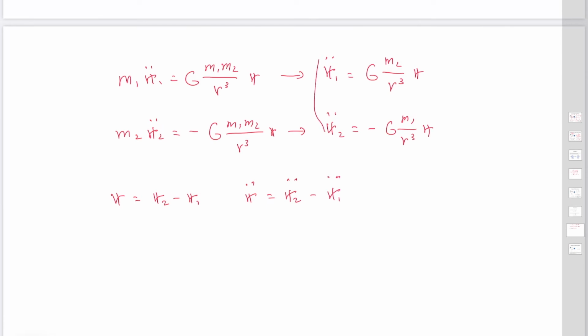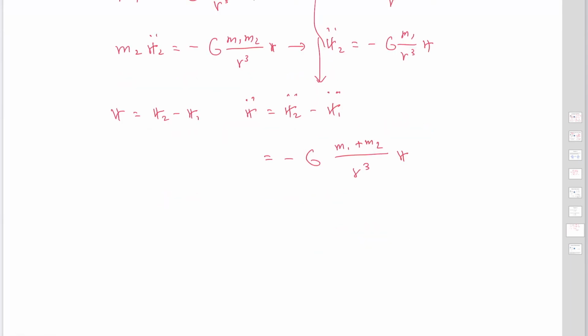Then you can substitute this here, and it becomes minus G m sub 1 plus m sub 2 over r cubed times the vector r. This could be the end of the equations, but it might be better to express the force acting between the two objects in the universal law of gravitation, like G m sub 1 m sub 2 over r cubed times r.